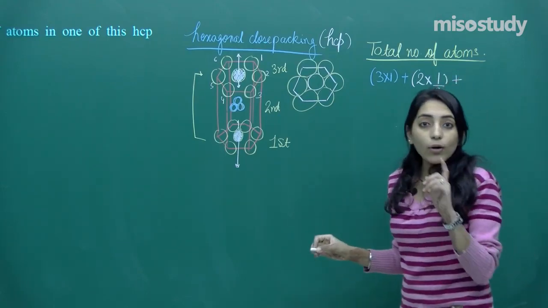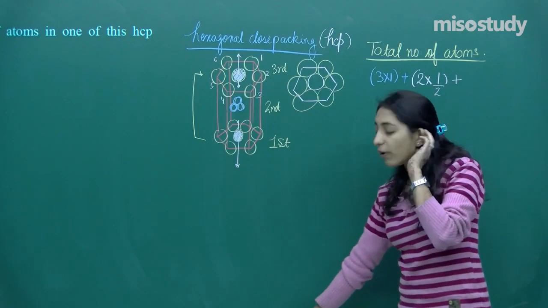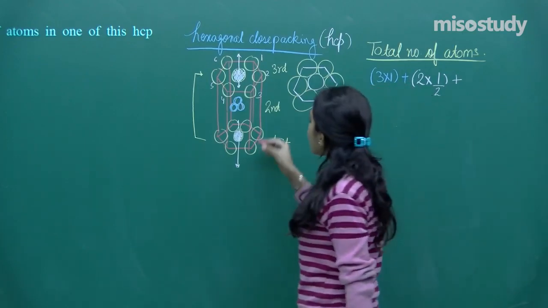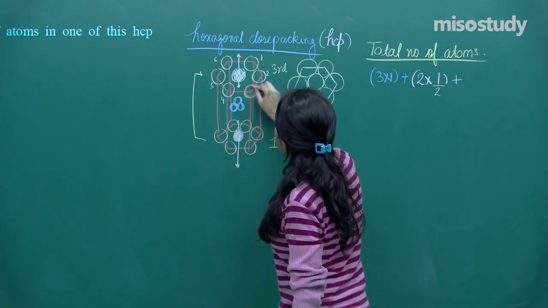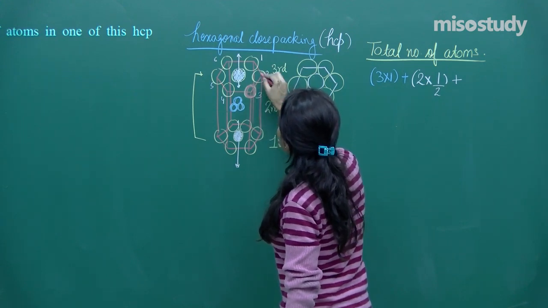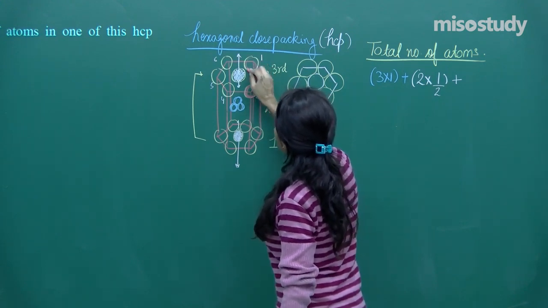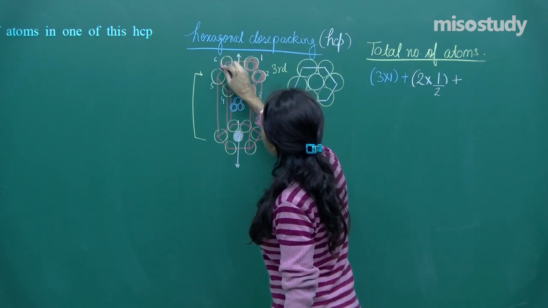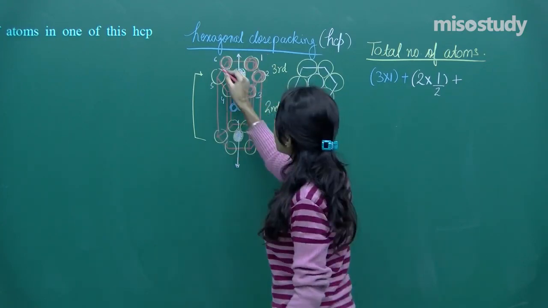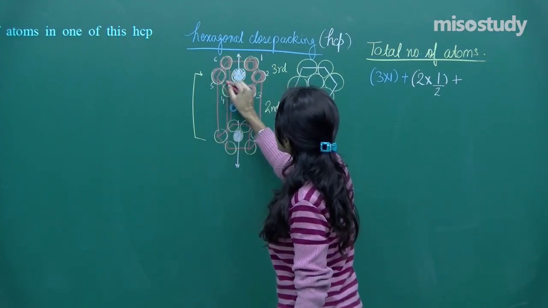Plus, now guys, consider everything very carefully. I am asking you to consider the atoms which I am marking in pink. 1, 2, 3. This is the 4th one. This is the 5th one.